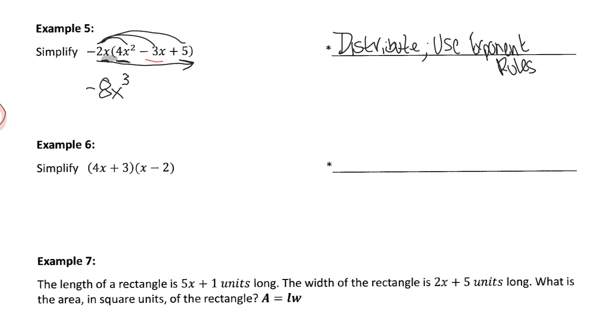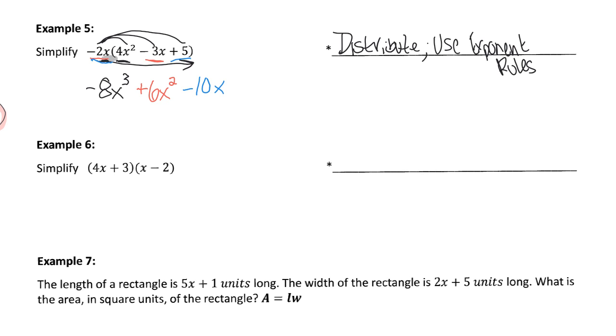When I do the second number, negative 2x times negative 3x, should be a positive 6x squared. And then the last one, negative 2 times a positive 5, is a negative 10x. Okay, so that's going to be our whole answer because we don't have any like terms to combine.